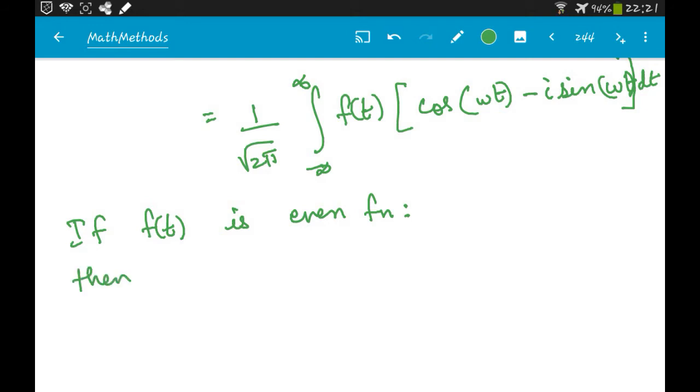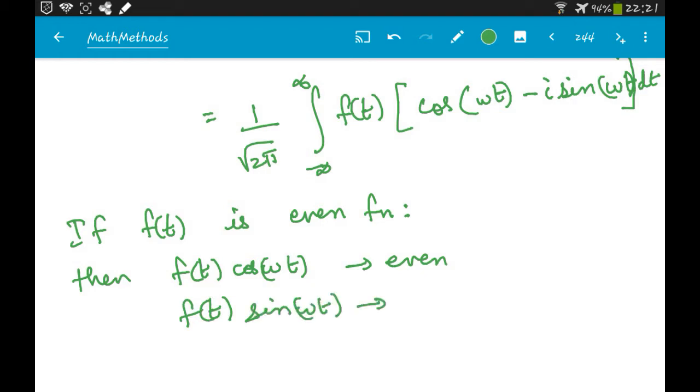Then f of t cos omega t will be even, and f of t sin omega t will be odd. And if this is the case, then integration from minus infinity to infinity of f of t sin omega t will be 0, right, because when you have an odd function and you integrate from minus L to plus L, the integration of that is going to be 0.